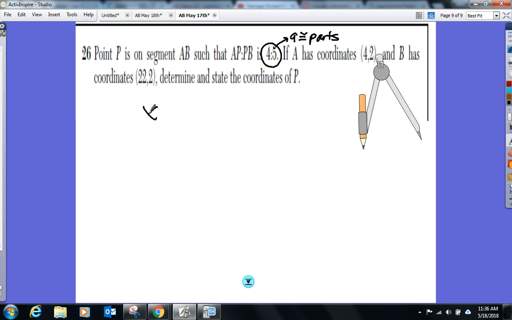Let's go. Remember, we always go x coordinate, y coordinate. All right, somebody tell me where you start and where you end on the x-axis. Start at 4 and move to 22. That's a distance of what? 18, right? And then usually from here, what would we do?